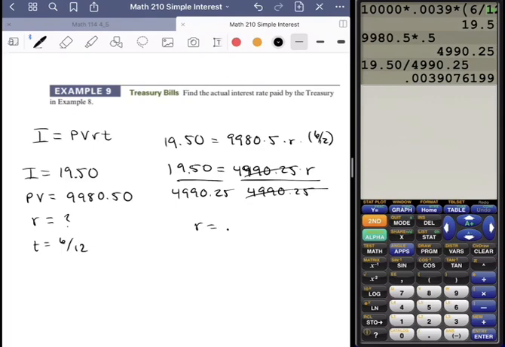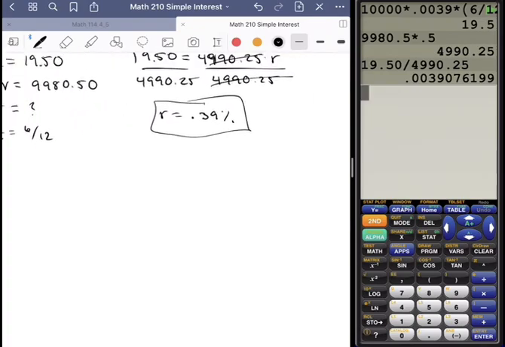That means that my rate was 0.39%, which we already knew. And this, I believe, concludes this section.